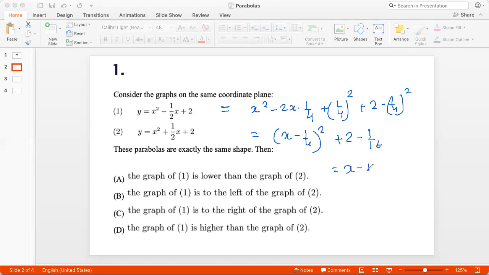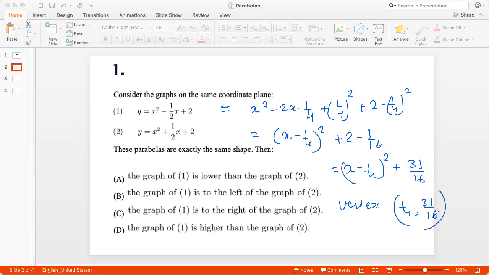So that's (x − 1/4)² + 31/16. So I can see that the first graph has the vertex at (1/4, 31/16), right?